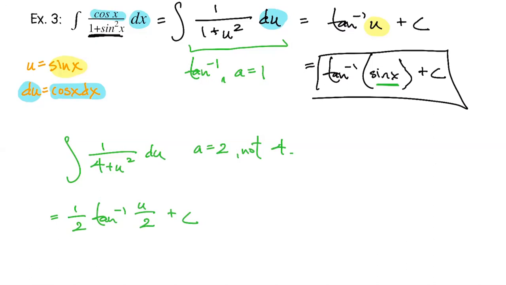The substitutions we've seen are like x equals 3 sine theta, right? So we get an answer in theta, but we need it in terms of x.